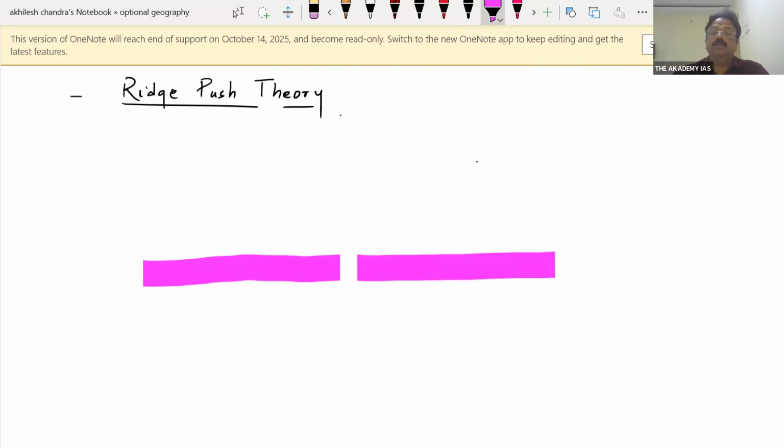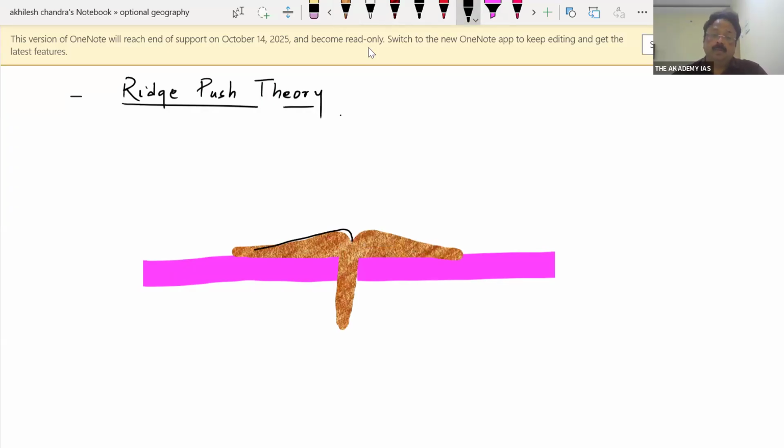Suppose that these are the two crusts, and here we have the mid-oceanic ridge. Magma flow takes place, and there is formation of the mid-oceanic ridge. Then what happened? This magma gets solidified. But further magma is pushed up.